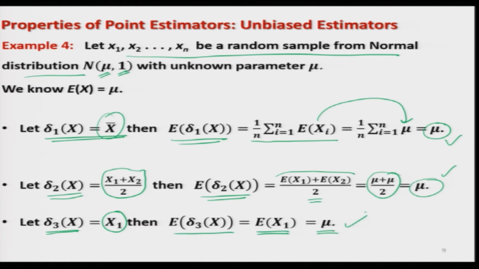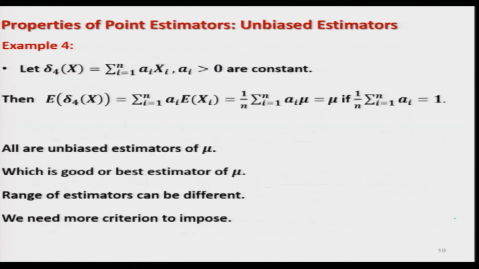So, now you can see not 1, not 2, but all these 3 estimators are unbiased estimators of mu. Similarly, I take one more option, suppose I consider summation i goes from 1 to n of a_i x_i as an estimator of mu, where a_i greater than 0 are some constants.